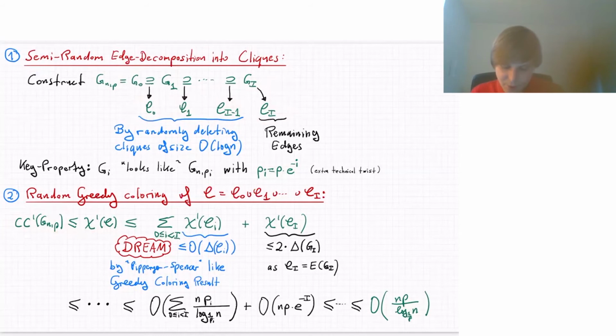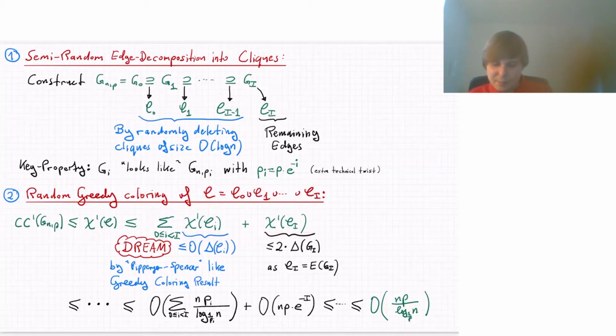For each of these sets of cliques that we take out, we use different colors. So we can bound this by the sum of the first I terms plus the chromatic index of the last collection that we take out. Now the idea is that we want to bound each of these individual terms, potentially using some random greedy approach.